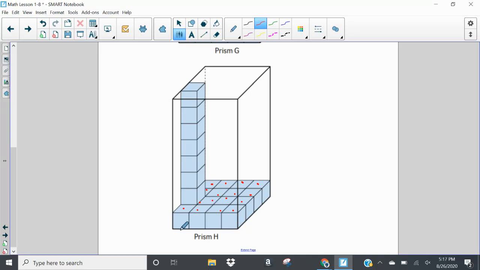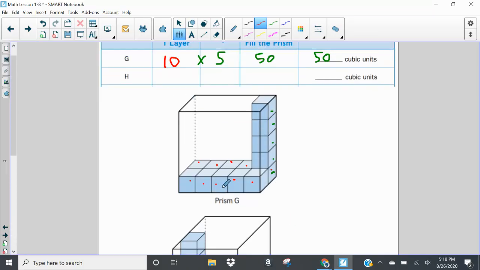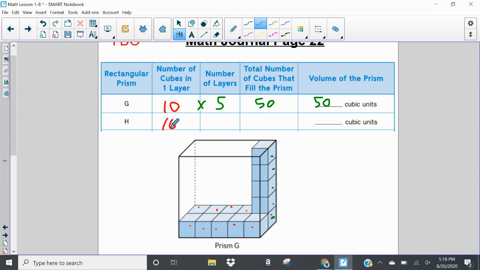Okay, so how many did I get? 16. Another easy way to get the number of cubes in a layer is take your length and your width. How many cubes are this way? 4. How many cubes are this way? 4. Multiply that together and you get 16. So the area of one layer is going to be 16.